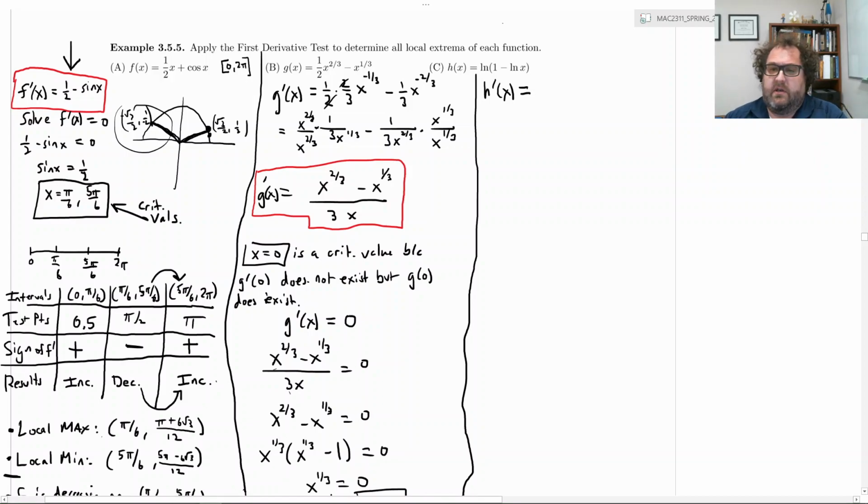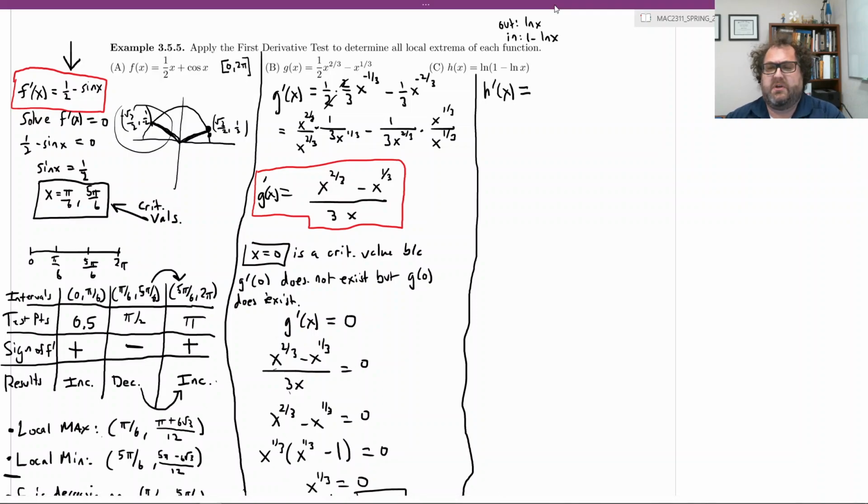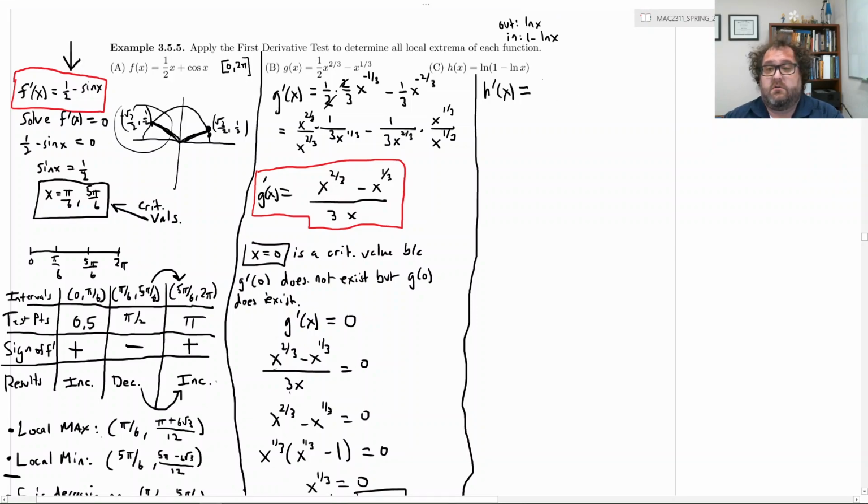The outside is natural log x, the inside is 1 minus natural log x. We take the derivative of the outside function, which is 1 over x, then evaluate at the inside function. Instead of x there, we write the inside function, 1 minus natural log x.